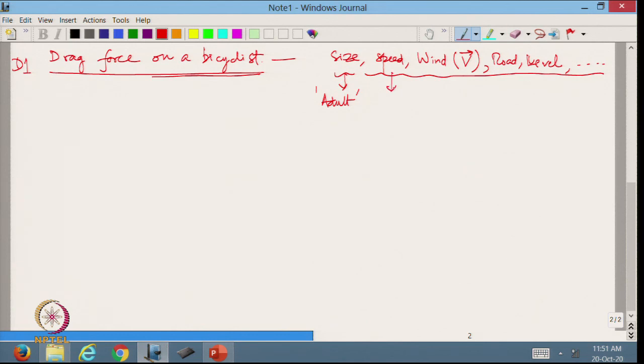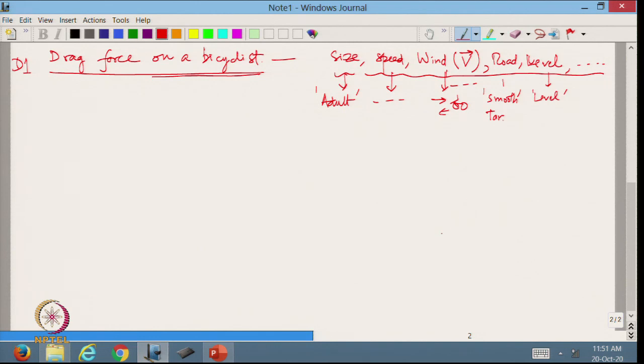Then we will say, look, I want to look at 3-4 speeds of the cyclist. I am only going to look at a headwind, that means the cyclist is there and the wind is coming on that, the cycle is moving in this direction, and we will only look at 3 wind velocities. We will look at a smooth road, and smooth again is thing we will say it's a tarred road, and we will say we will look at a level ground and anything else that has to be there.